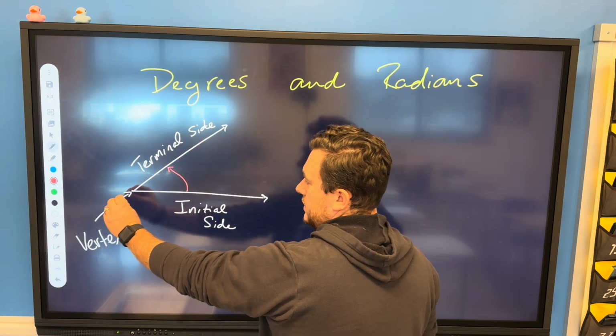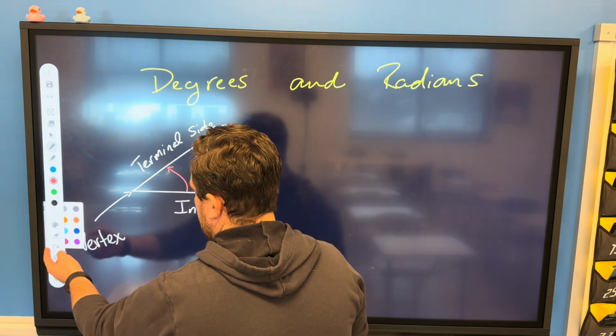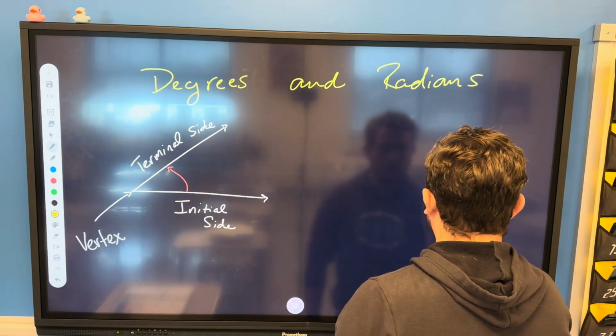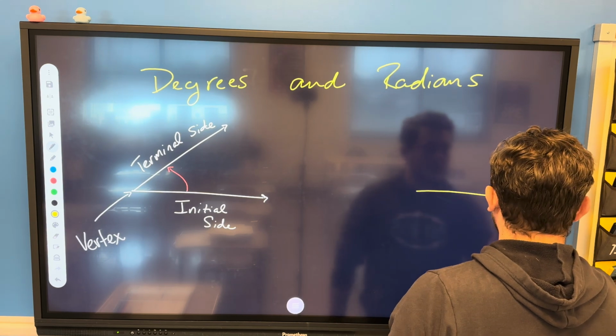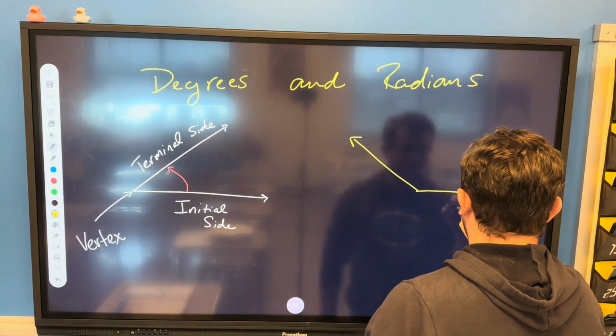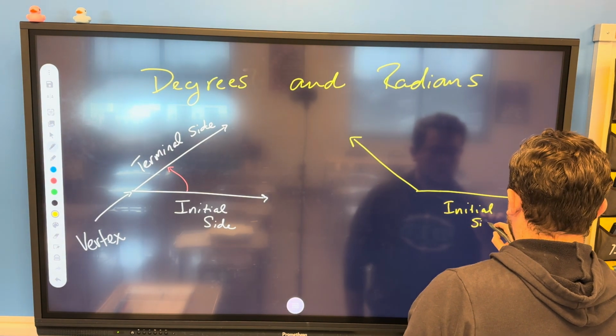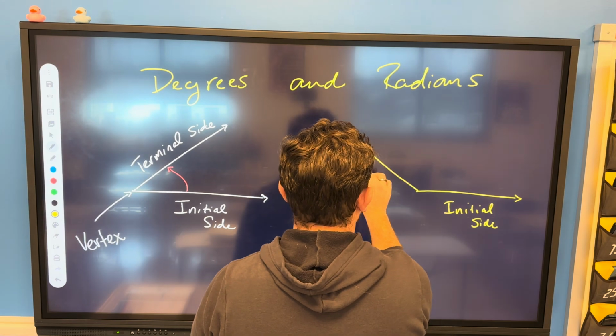And the point where they meet each other is the vertex, okay? So just in a second example over here, right, I would have my initial side. Let's say I rotate somewhere over there. That's my terminal side. This is the terminal.